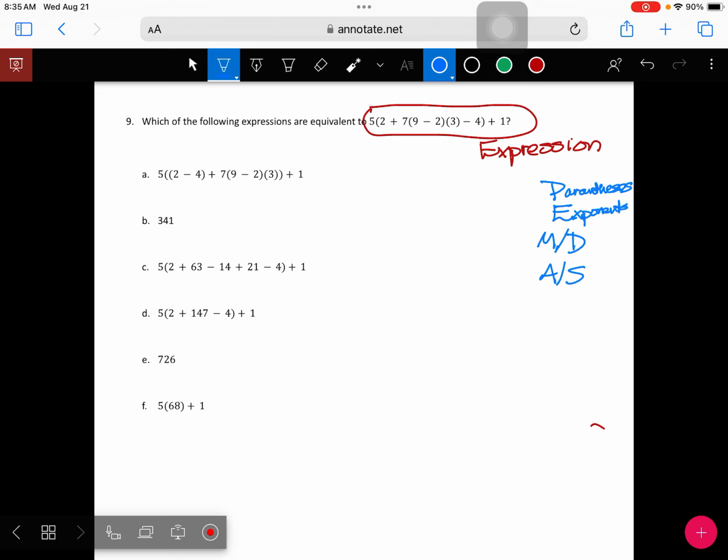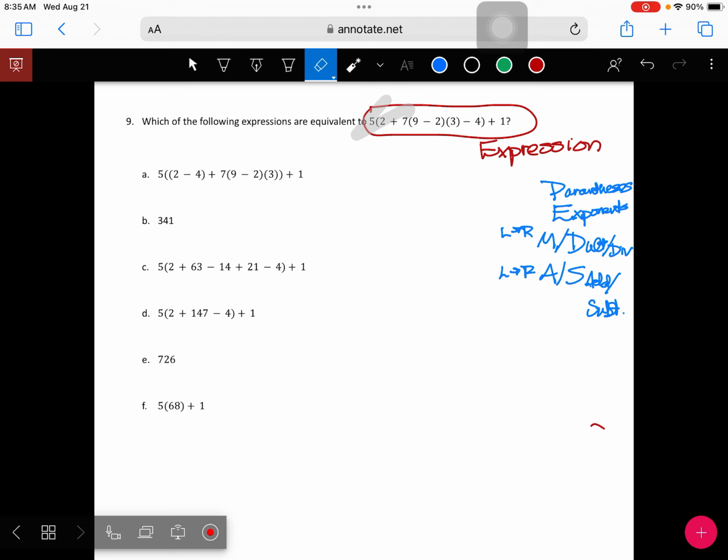Do you always multiply before you divide? Do you always divide before you multiply? No, you have to do it in order from left to right. So multiplication and division. And A and S, addition, subtraction, right? Addition, subtraction. And that too is left to right.